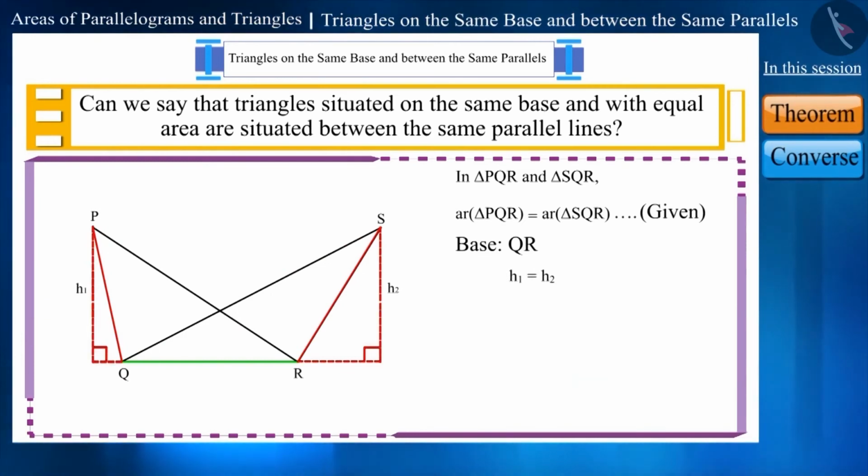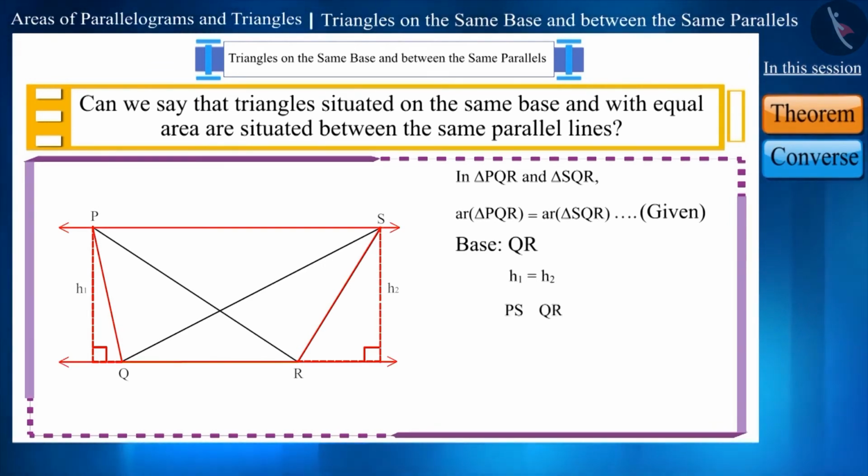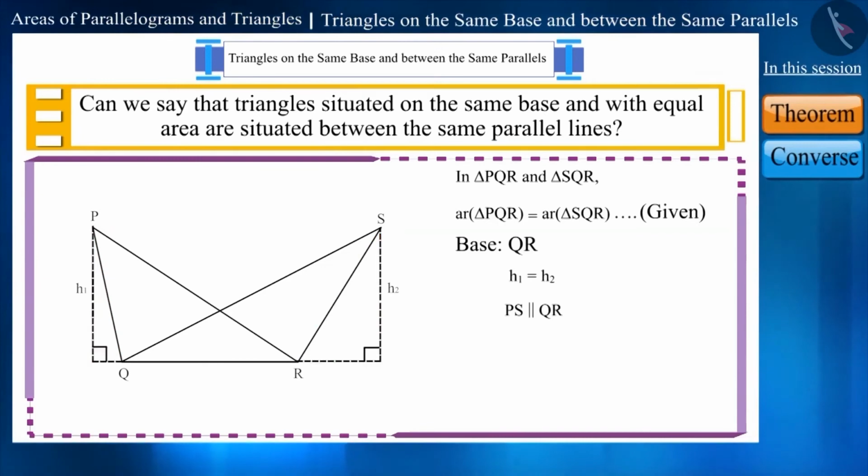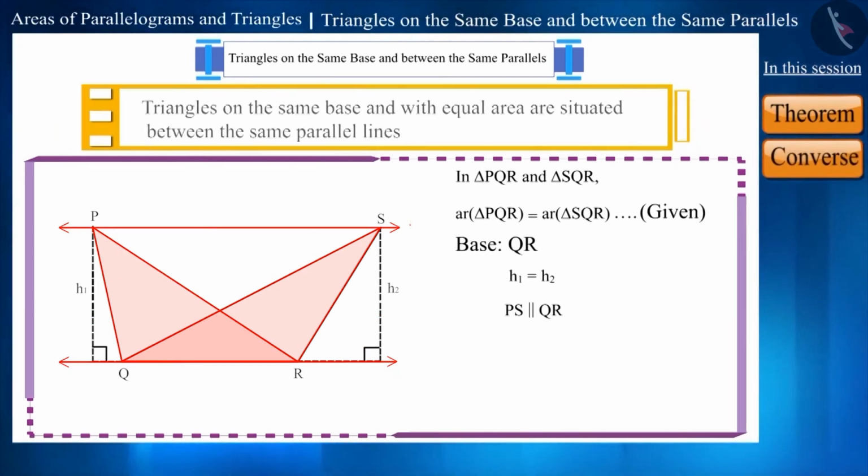If we join P and S by drawing a line, then we can say that PS and QR are parallel to each other. Therefore, we can say that triangle PQR and triangle SQR are situated between the same parallel lines. Thus, we have proved the inverse of the theorem which says triangles situated on the same base and with equal area are situated between the same parallel lines.